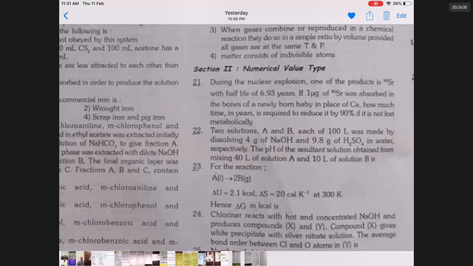For H2SO4, molecular weight by 2 is its equivalent weight because each H2SO4 has 2 H plus. Right or wrong? Right, sir. Molecular weight by valency factor. Therefore, equivalent weight of H2SO4 is 49 and equivalent weight of NaOH is 40.